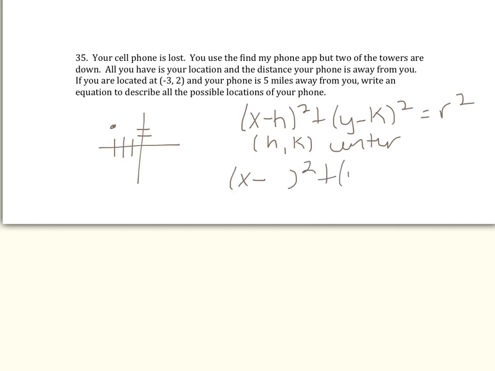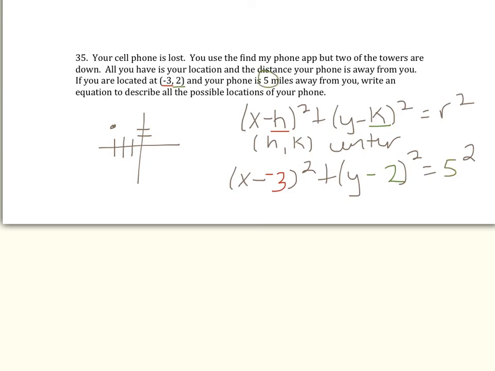We know that the y and the x stay, but everything else gets replaced. I'm going to replace the h with the h, which was -3. I'm going to replace the k with the k, which was +2. And then I'm going to replace the r with the r, which was 5.